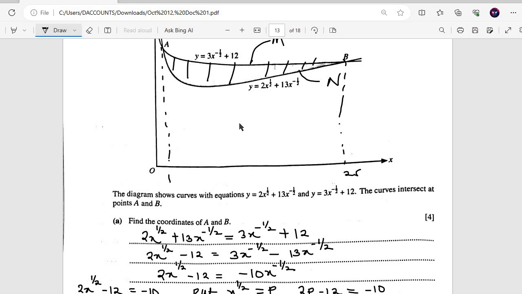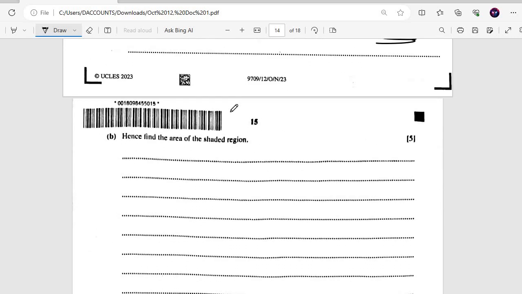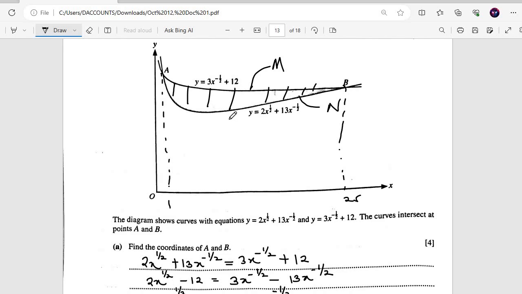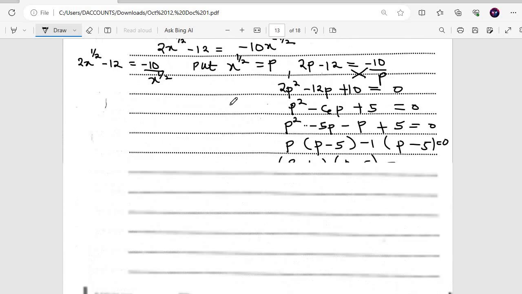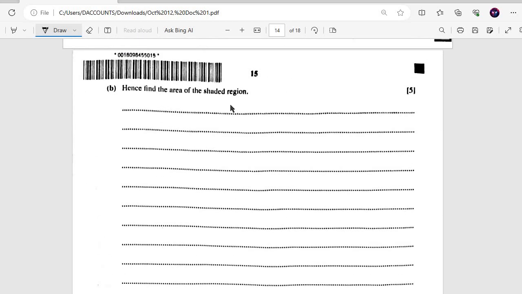So to lead us to the next question, find the area of the shaded region. The shaded region is bounded by 25 and 1, and we have two curves. So this is what we do if you have two curves in this situation.